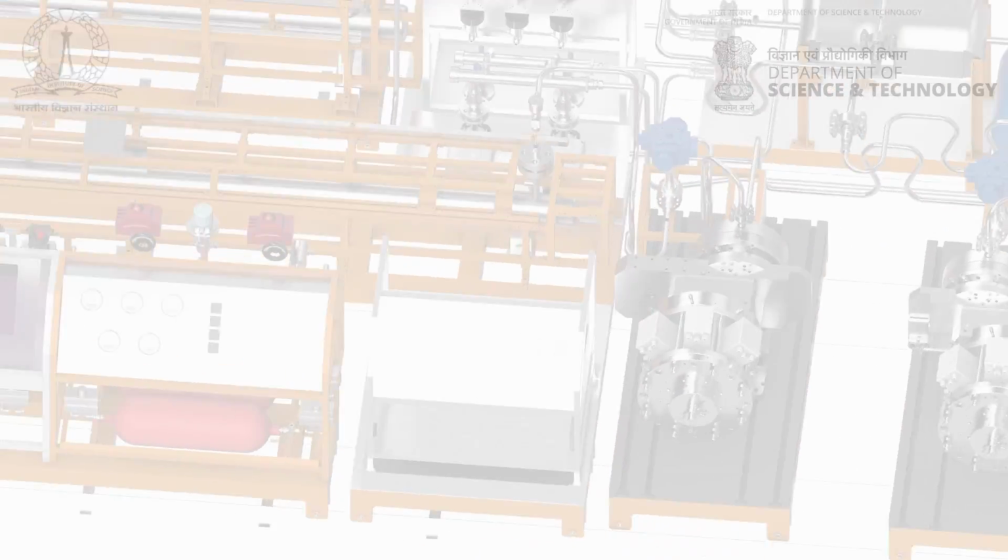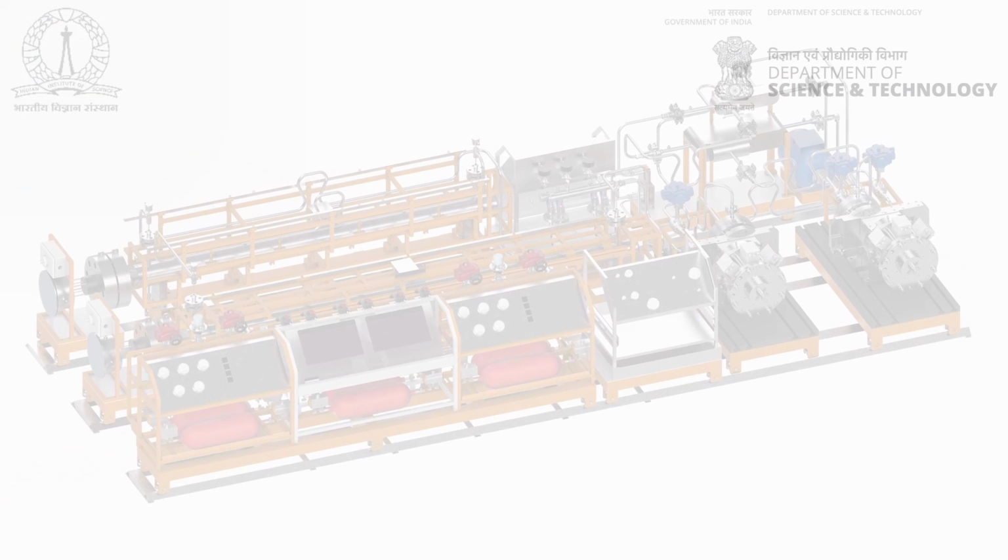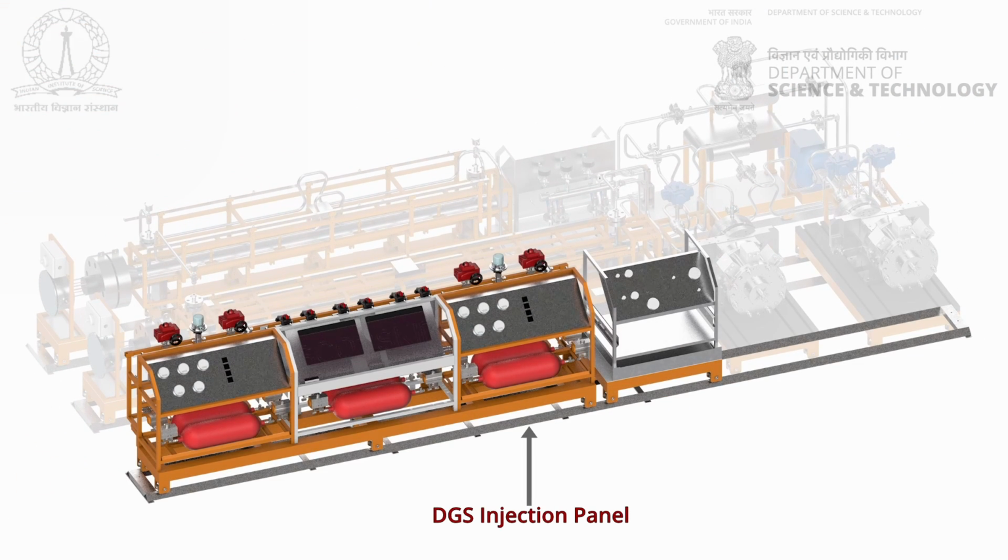An injection panel is used to supply clean gas to the turbine and the compressor dry gas seal.